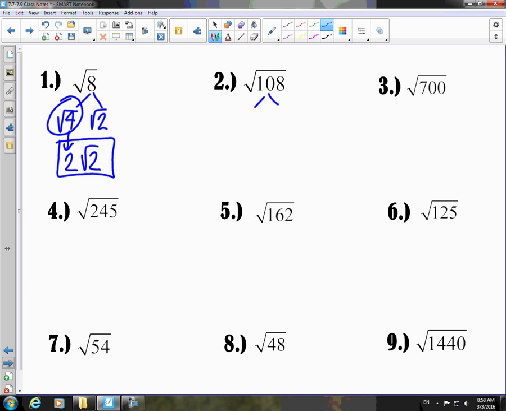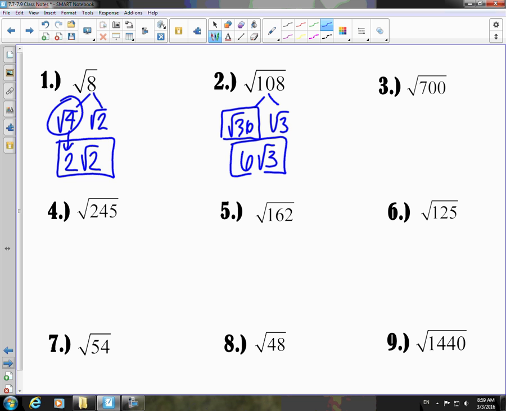Then I would try 108 divided by 9, that does not go in evenly. 108 divided by 16 does not go in evenly, and you should be using your calculator and trying these. 108 divided by 25 does not go in evenly, but 108 divided by 36 goes in evenly, and that goes in 3 times. So now again, this one is the one from the table. The square root of 36 is 6, and the square root of 3 is irrational. So I simplify that into 6 times the square root of 3.